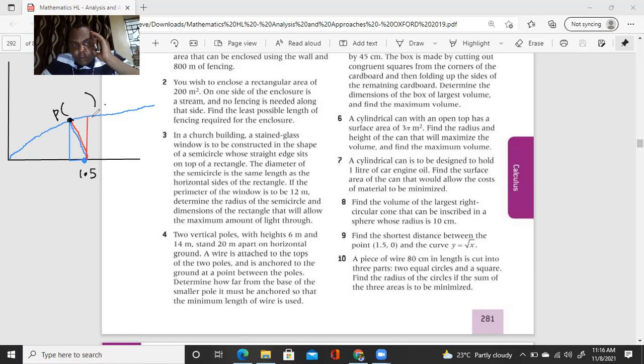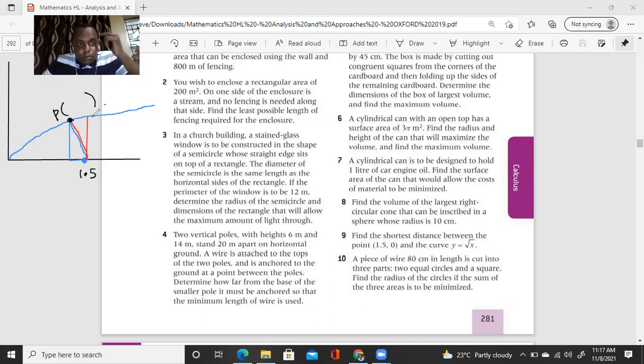I set the distance equal to the square root of x2 minus x1 squared plus y2 minus y1 squared. To find the distance, and then instead of using y, I could plug in square root of x because we already have that equation.